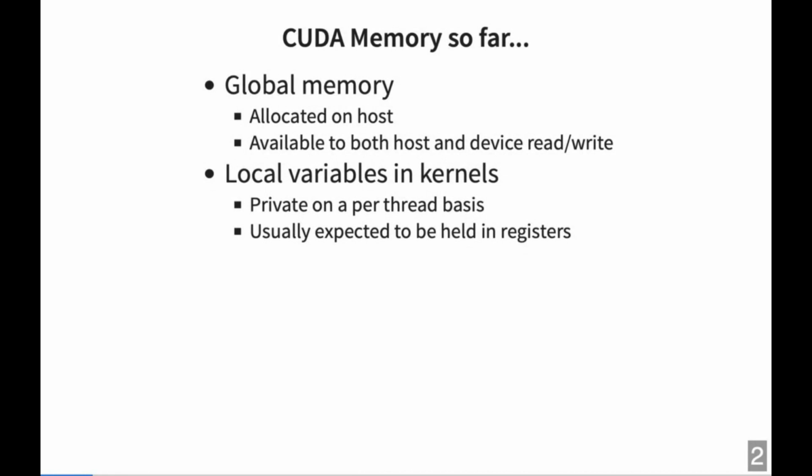So far, we have seen device global memory, which we've allocated on the host via explicit CUDA malloc, and such a pointer is available to both host and device to perform reads and writes via explicit CUDA memcopy.